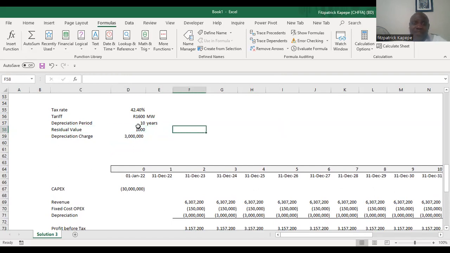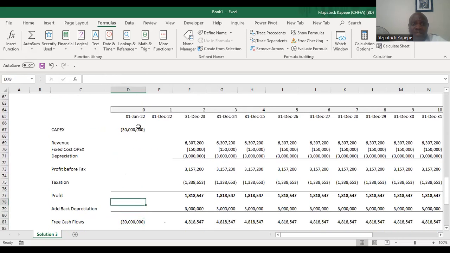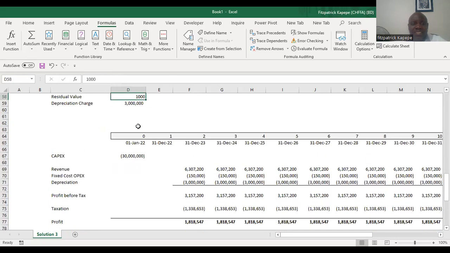So if you are getting a depreciation, the depreciation is going to change.